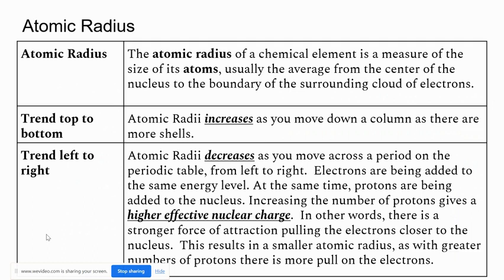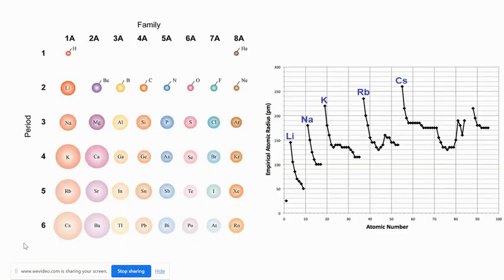You're adding more things that are pulling in on that atom. So as you move across in the same period, it's going to get smaller. Does that make sense? So that was our trend for that, and that has to do with effective nuclear charge.